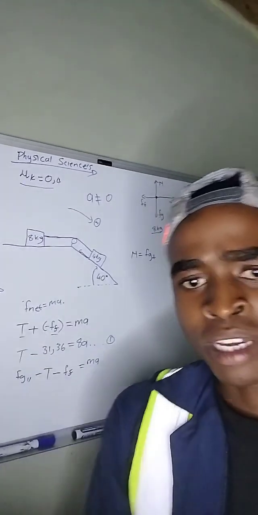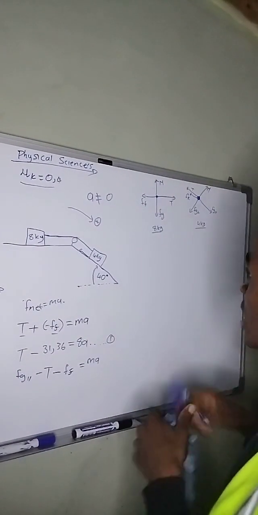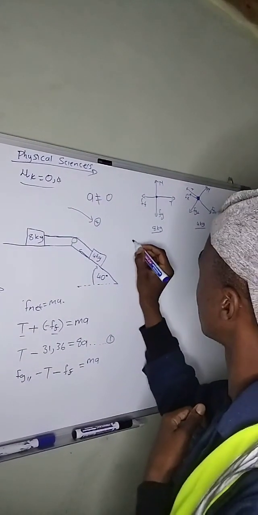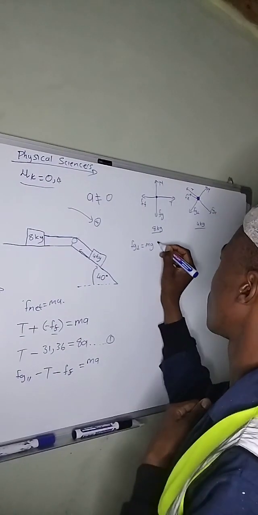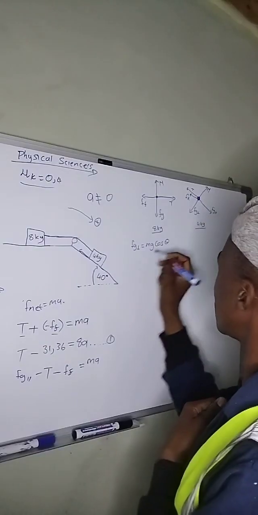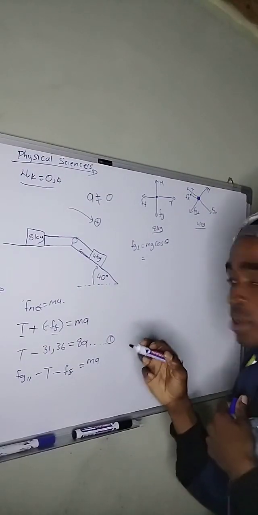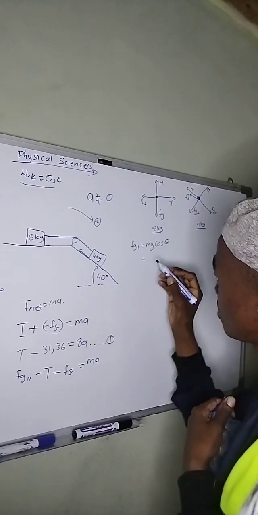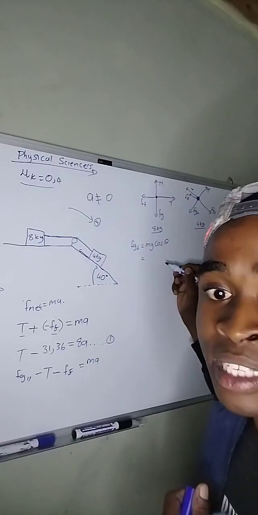So we are going to deal with the normal force. Obviously, the FG perpendicular is going to be equal to mg cos theta. Then let's help each other in terms of the substitution.